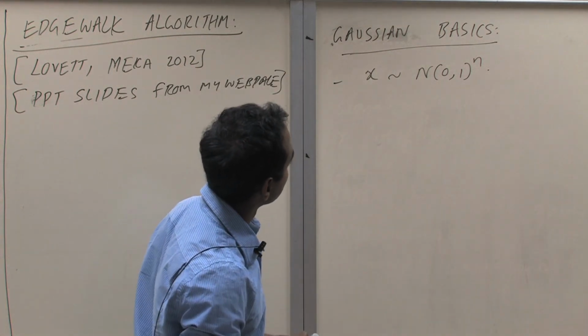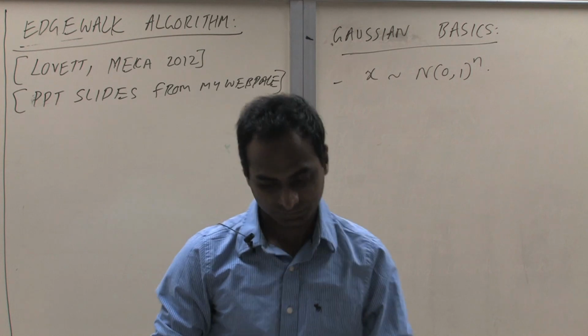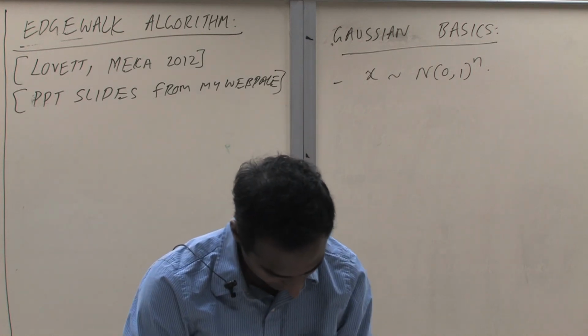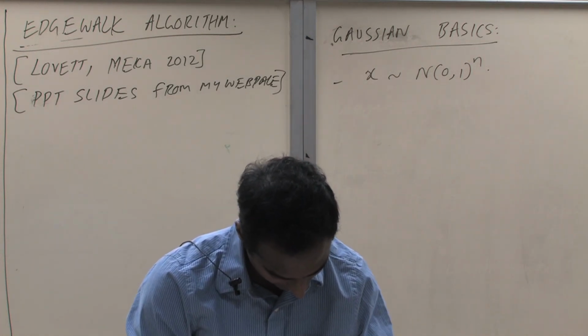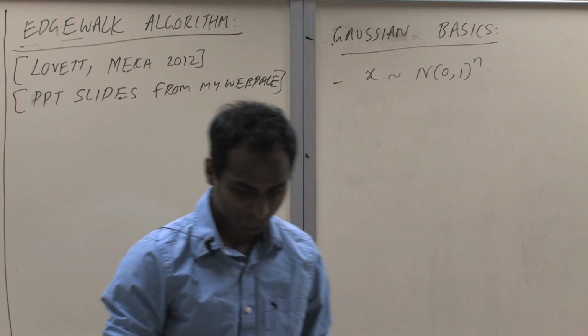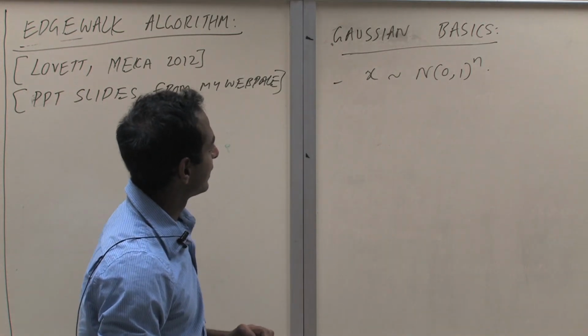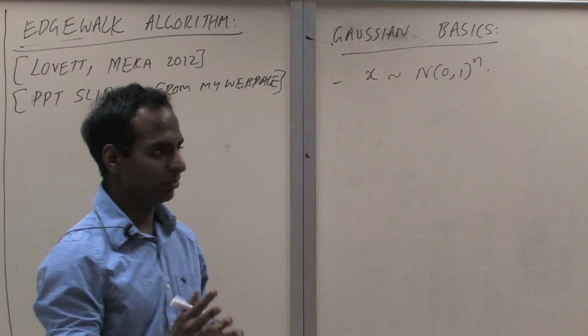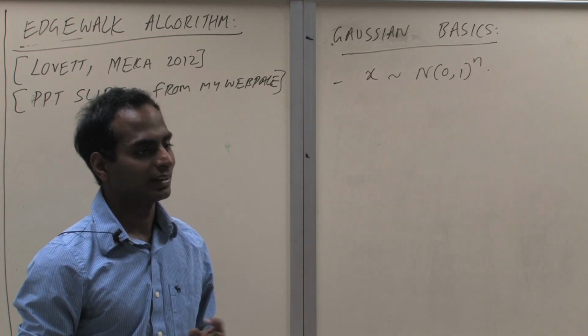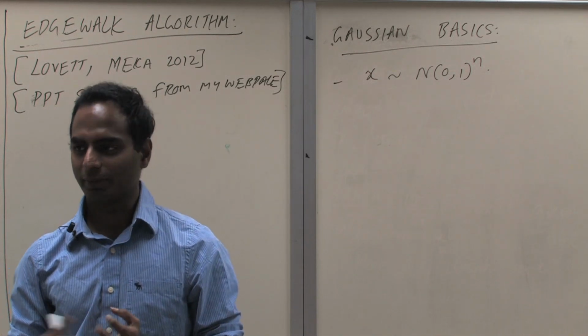We will use three basic facts about the Gaussian distribution. The first and most important for us is the symmetry.